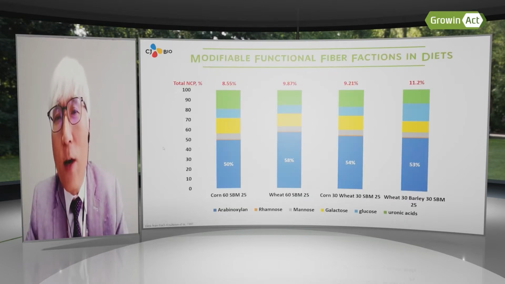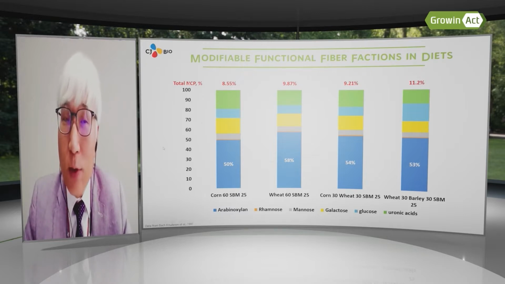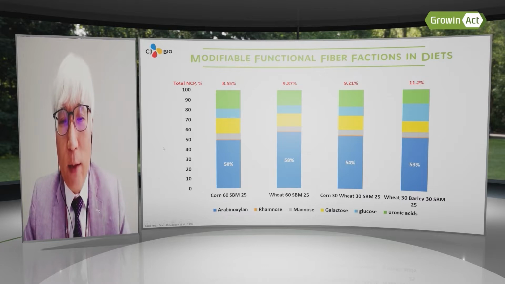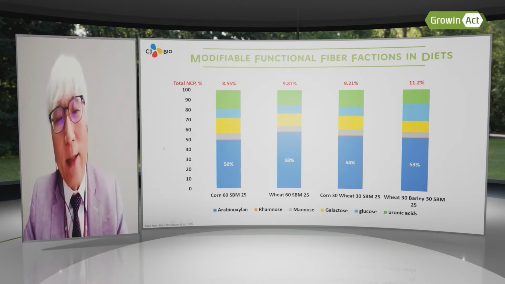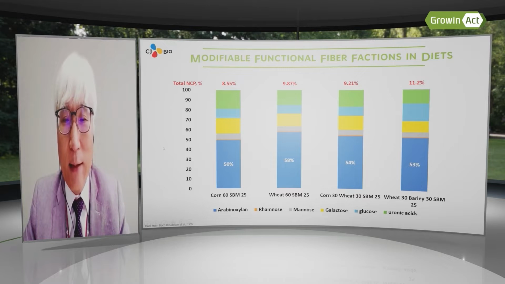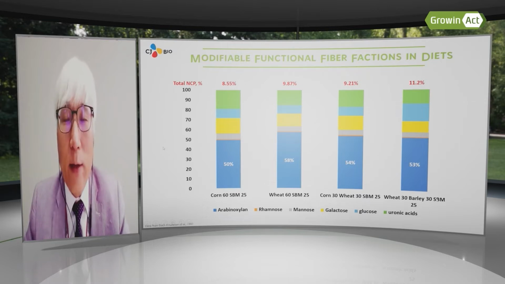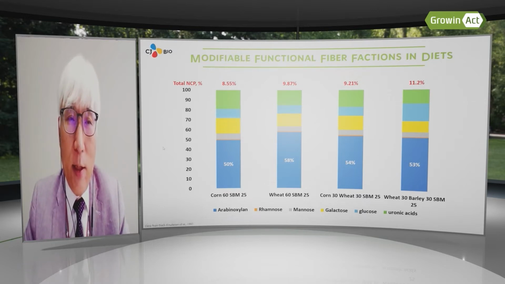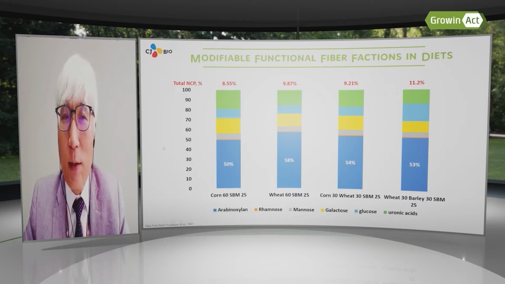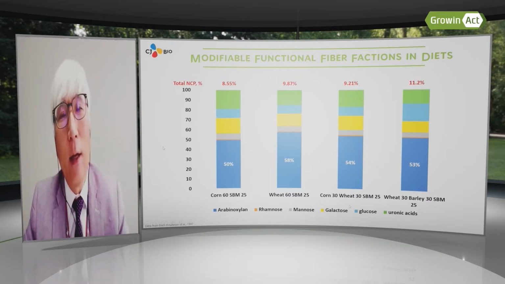If you look at this modifiable functional fiber fraction in the diet, the non-starch, non-cellulose polysaccharide, I've been doing formulation practice with 60% corn and 25% soybean meal, corn with soybean meal, and barley soybean meal based diets. Whatever combination you formulate, you can see that NCP increases with wheat and barley in the diet.